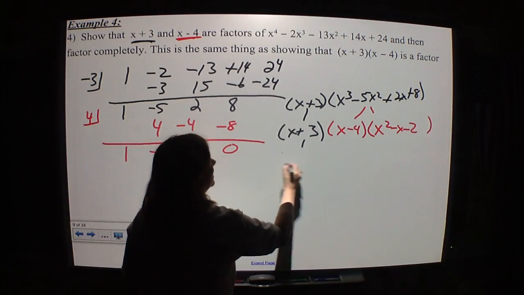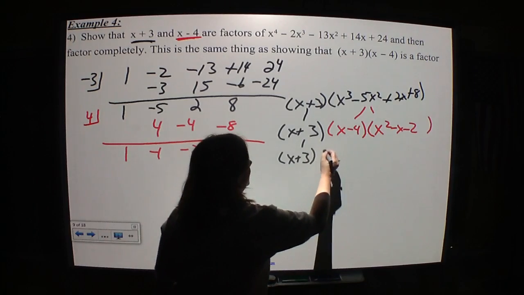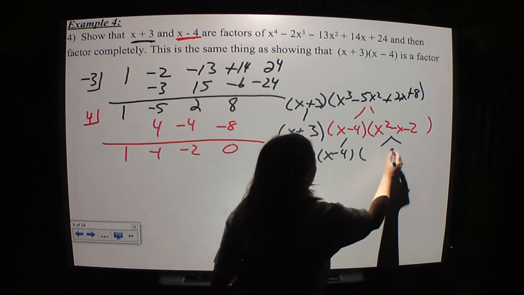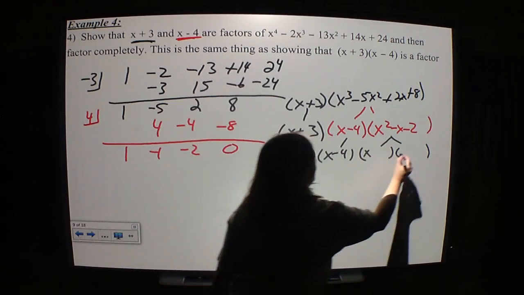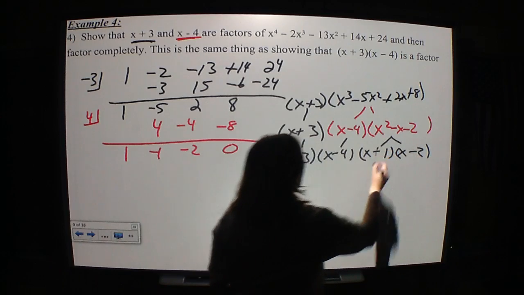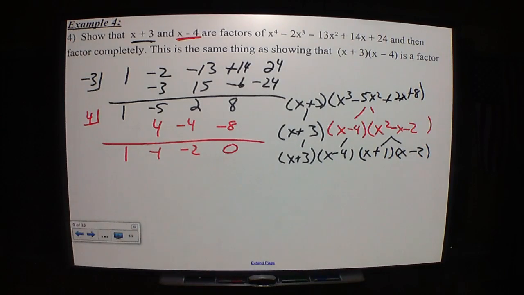Let's continue my factor tree. X plus 3, x minus 4, and let's see what this factors into. Minus 2 plus 1. So I showed that they were factors, the remainder was 0, and then I factored it completely.